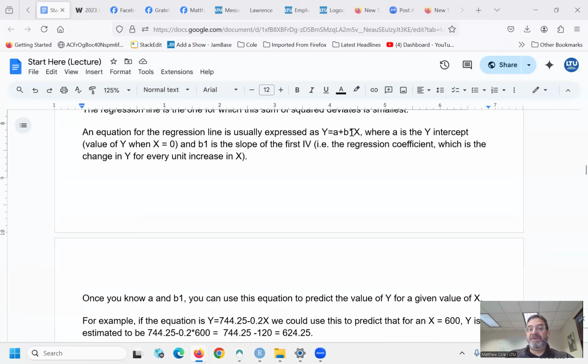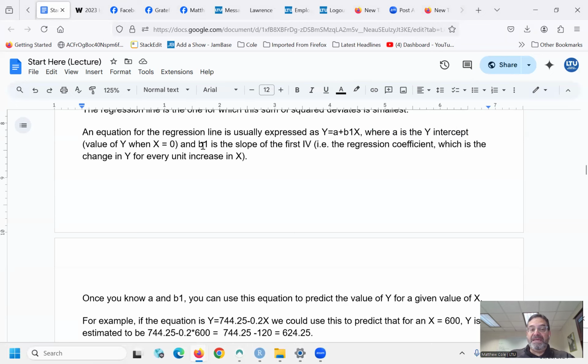The reason why we're saying B1 is because that's the first predictor. We may have multiple x's, x1 and x2. So A is referred to as the intercept. A is the y-intercept. So that's the value of y when there is no predictor, when x is 0.